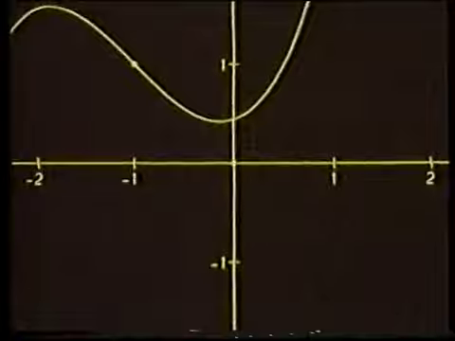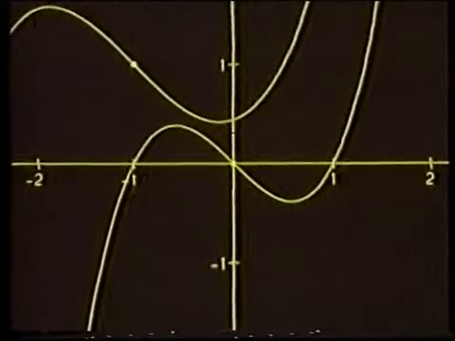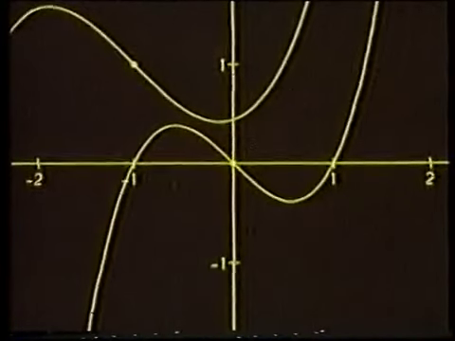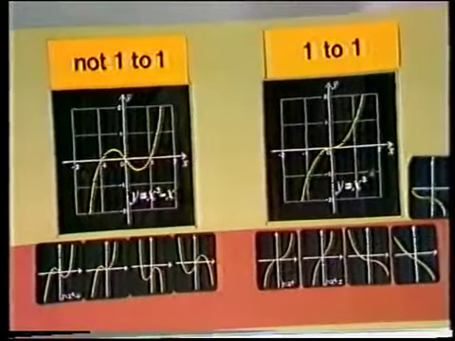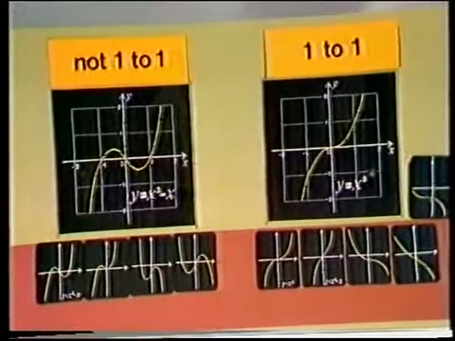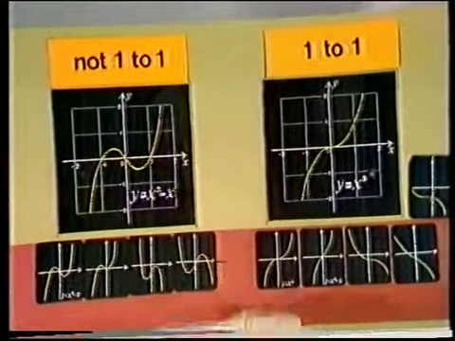You'll find in the notes following the program that you can in fact transform the graph of y equals x cubed minus x into the graph of any non-one-to-one cubic by combining 2 scalings and a translation. So all the cubic functions that are not one-to-one, well, they all go together. They can all be got by transforming y equals x cubed minus x.